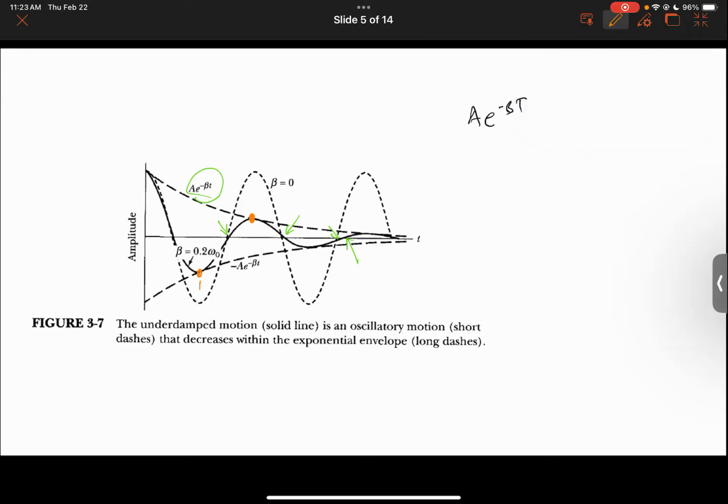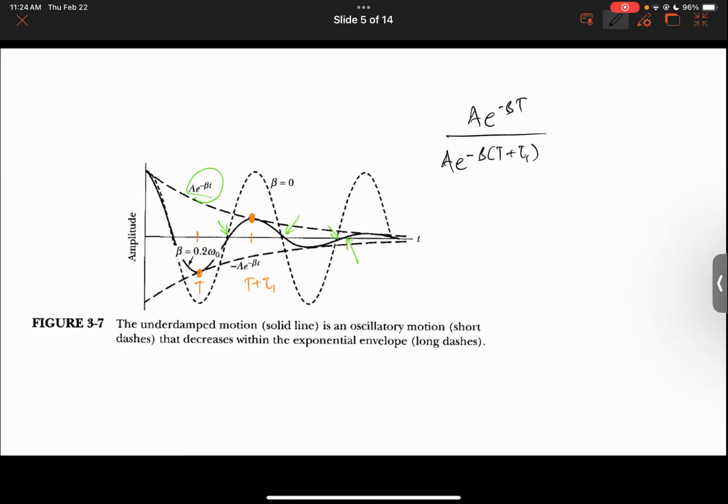The time here is t and the time here is t plus some parameter tau, and at this time the amplitude is A exponential minus beta t plus tau sub 1.